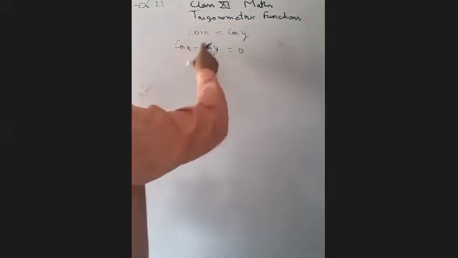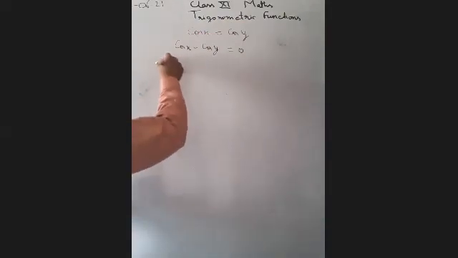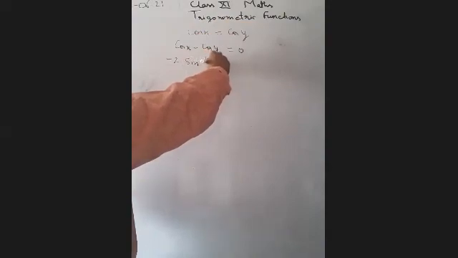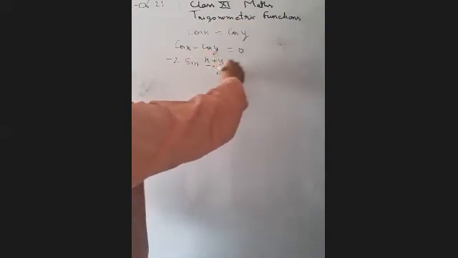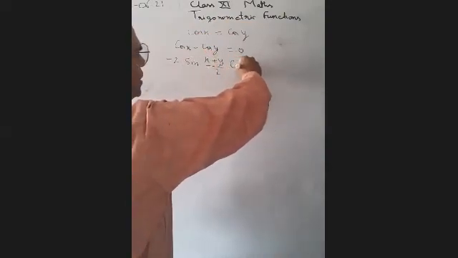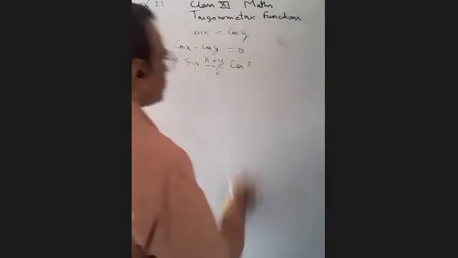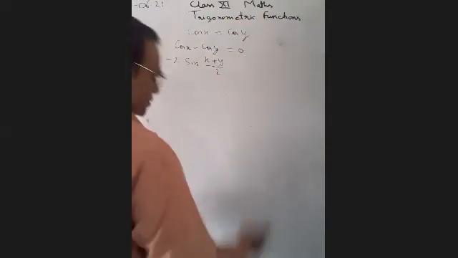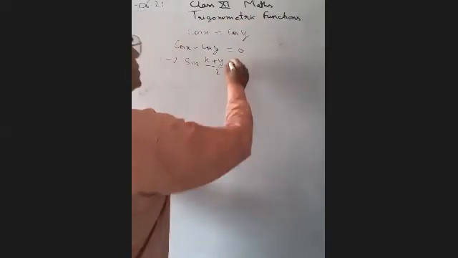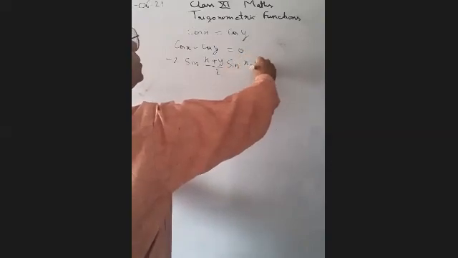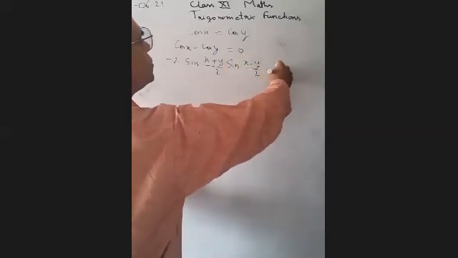Now use the formula of cos c minus cos d, which is equal to minus 2 sin (x plus y) upon 2 multiplied by sin (x minus y) upon 2 equal to 0.